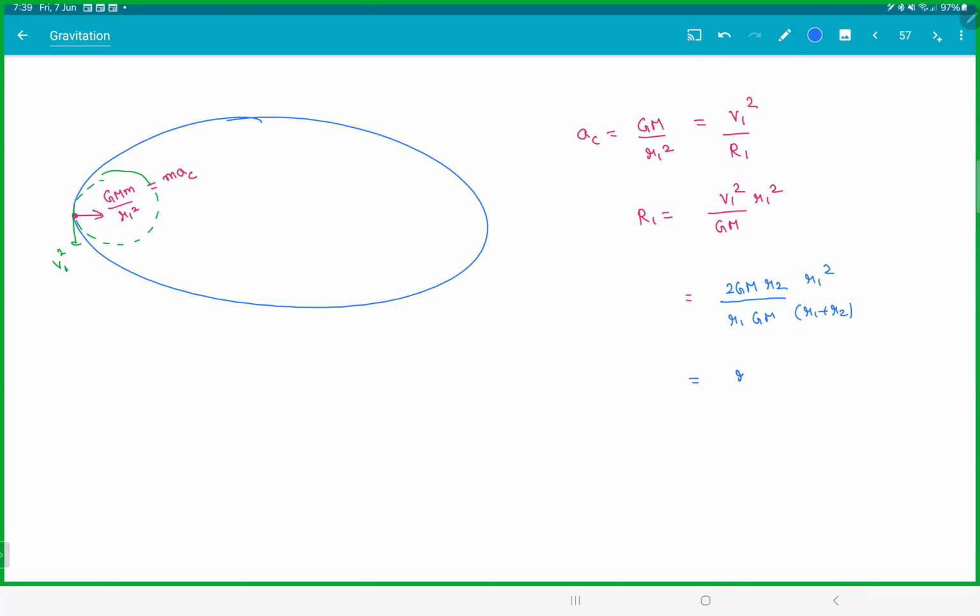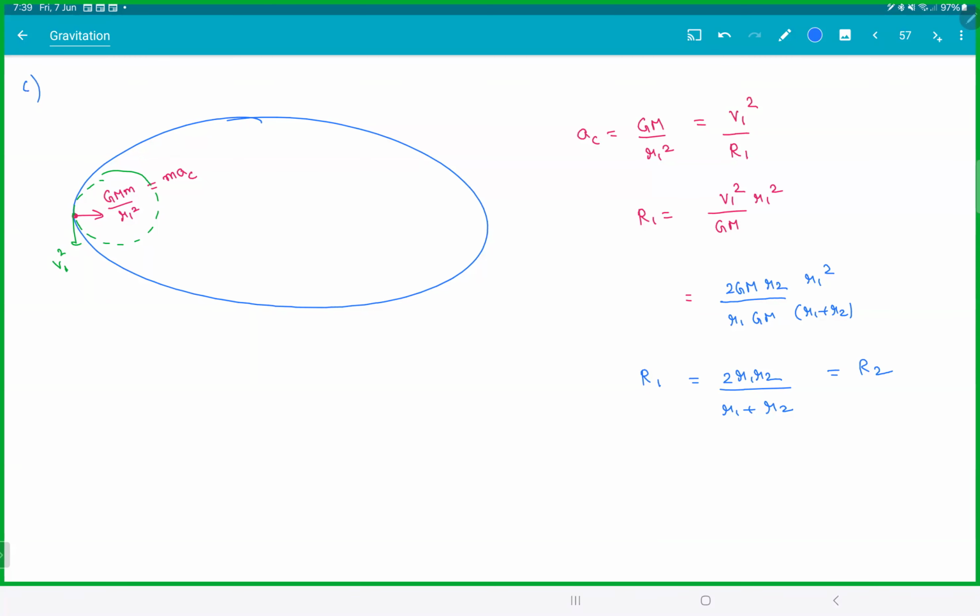There you get a good answer. R1R2 by R1 plus R2. That's your radius of curvature. This will be the same as at R2 also. Will a 2 come? A 2 will also come. I hope you're getting it. Be careful. Radius of curvature is something else from R1 and R2.